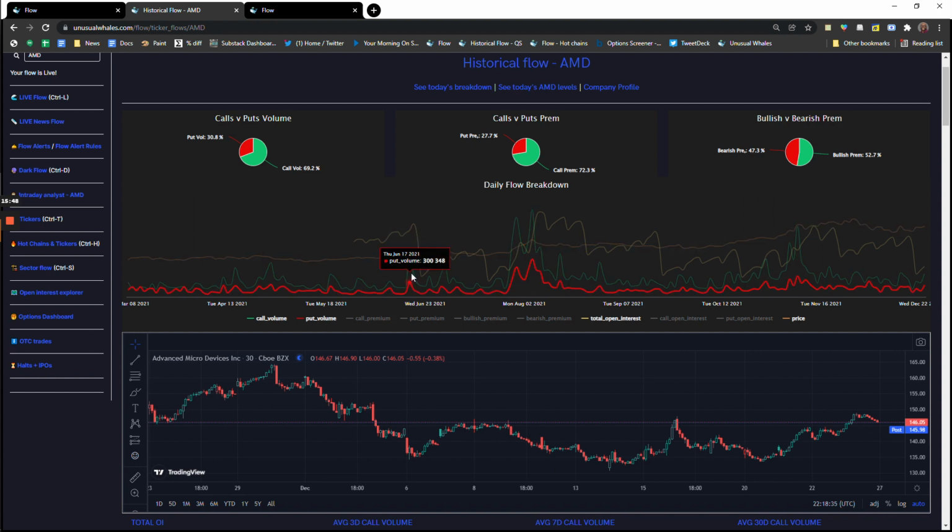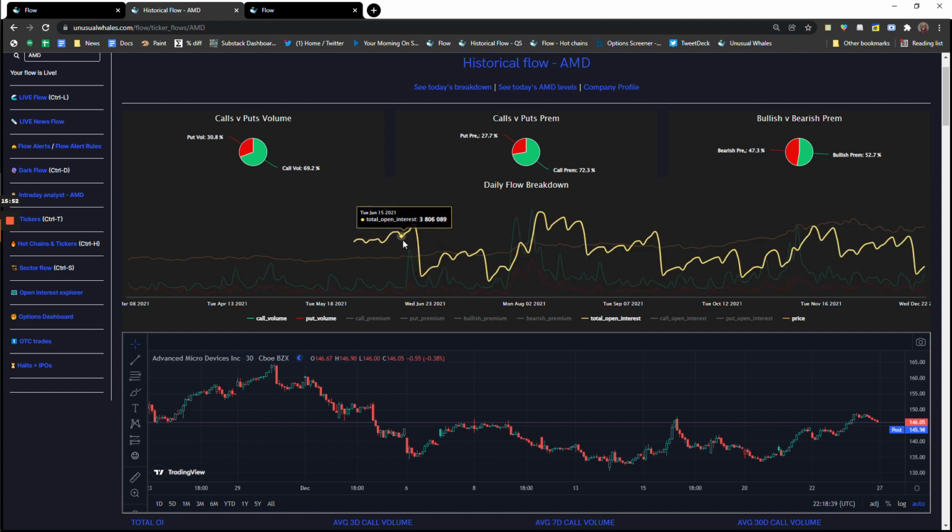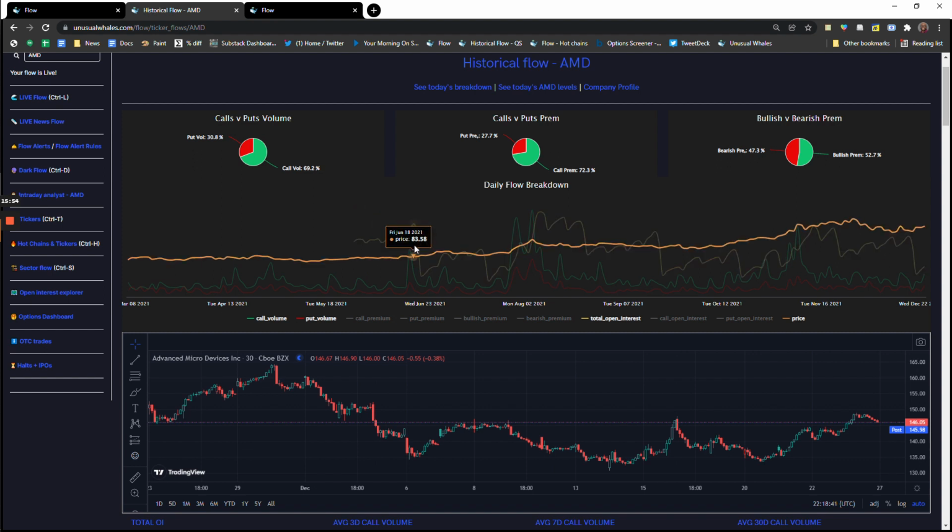We see this elevated level of call premium. We see an elevation in open interest. We see a slight, but not huge, rise in price. Just enough to get people interested, right? Like, I don't know, 80 to 85 is roughly 4 or 5%, so that's a good day.